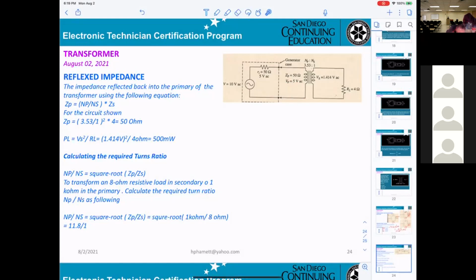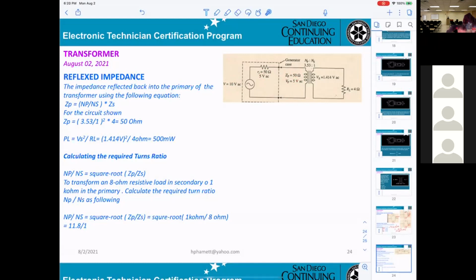Now, after you get the VP here, 5 volt, if you understand why you get a 5: you get a primary impedance 50 and the output impedance of the generator 50. So that basically divided by 2. You get a 10 volt here, divide by 2, you get 5 volt.